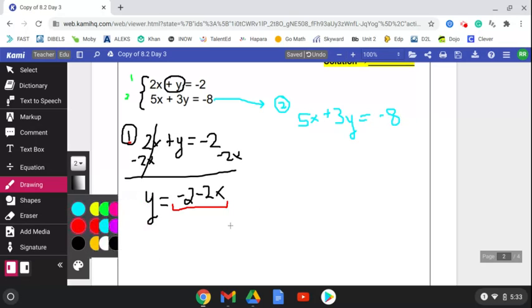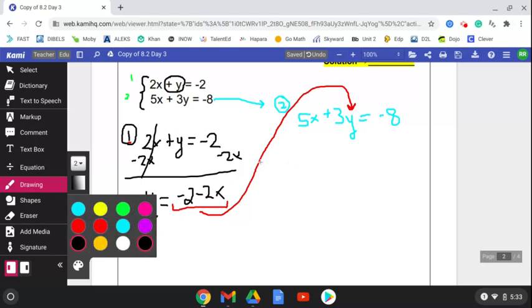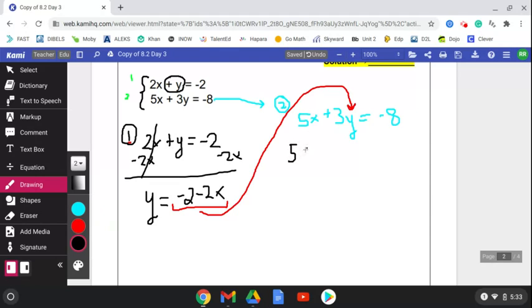Okay, and I'm going to take what y is, and I'm not going to write y anymore in this equation. I'm going to write what y is, and y is negative 2 minus 2x. I'm putting it in right there for y. Okay, so I'm going to have 5x plus 3, and now I'm going to put what y is in parentheses. I'm going to put negative 2 minus 2x and close the parentheses.